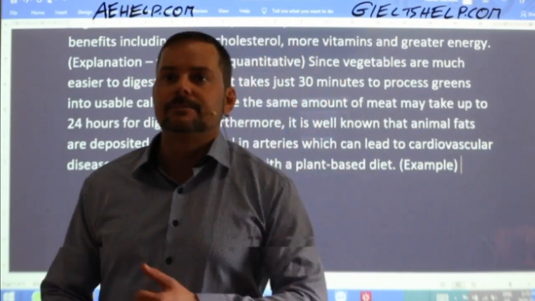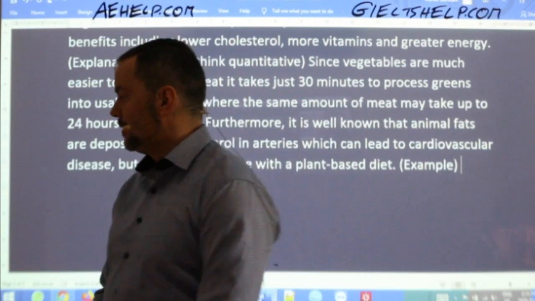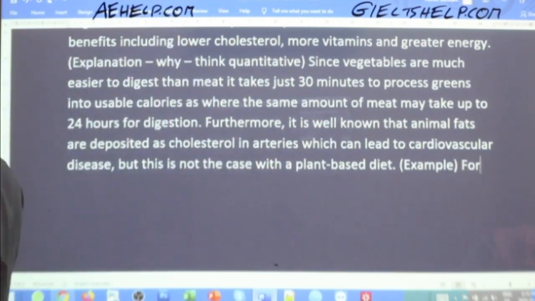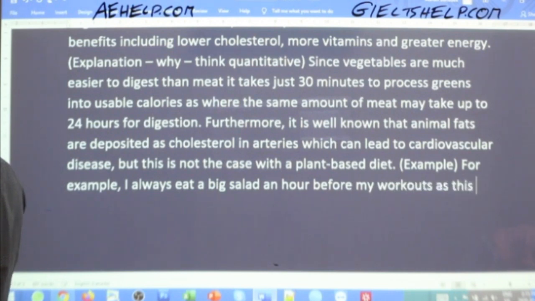All right. And then Rajveer's added, it helps me to stay in shape and be healthy. Yeah, so, for example, I always eat a big salad an hour before my workouts, as this ensures I have optimal energy.